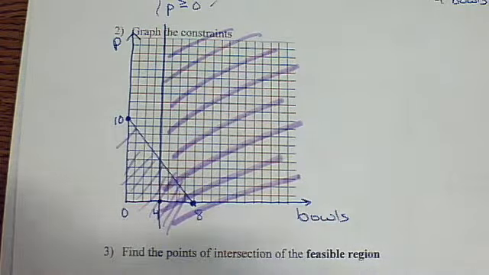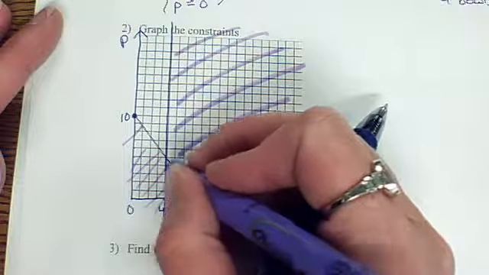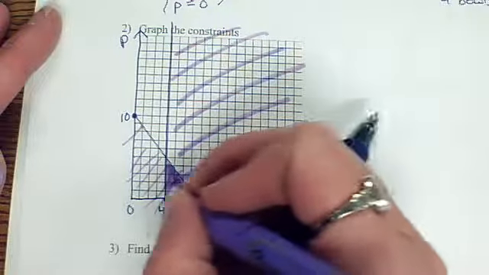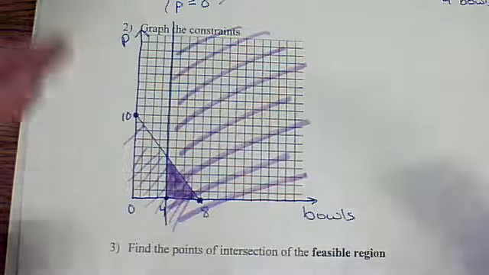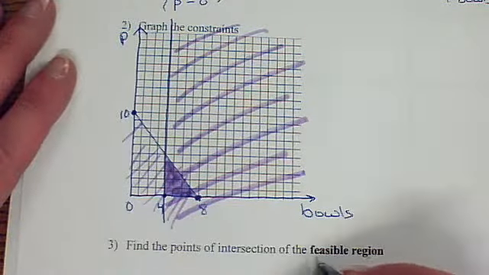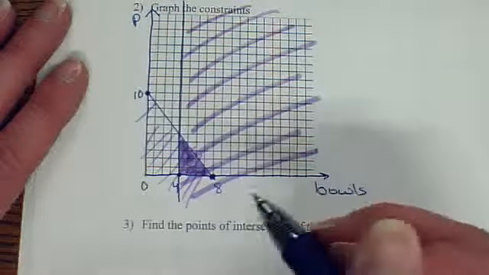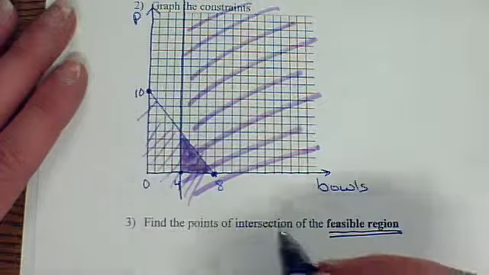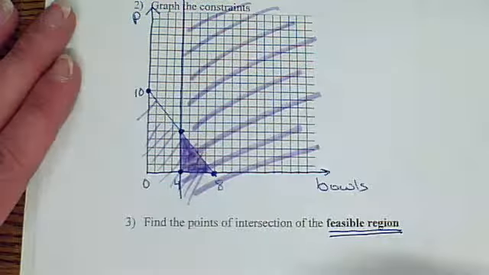Do you see where they're crisscrossing? That is the solution to our system of inequalities. That is what we call a feasible region. That means that our solution could be anywhere in there. But the points of intersection, these vertices of that figure, are key points.